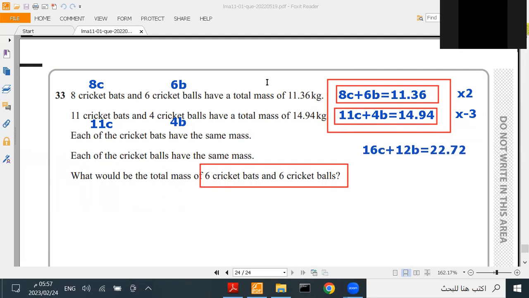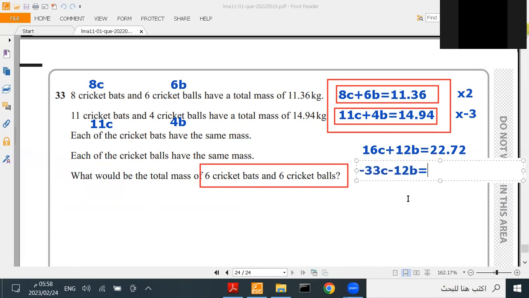First, 11C times -3 gives -33C. Then -3 times 4B gives -12B. Why did I multiply by the negative? Because now the B's have the same value with different signs. This is what we call the elimination method.